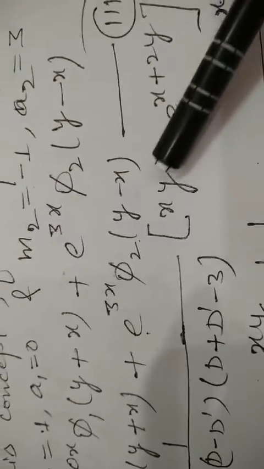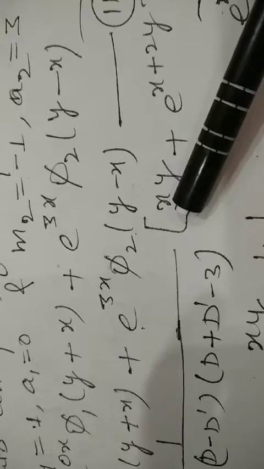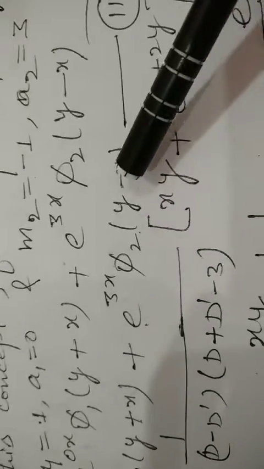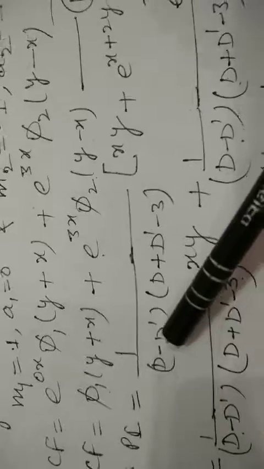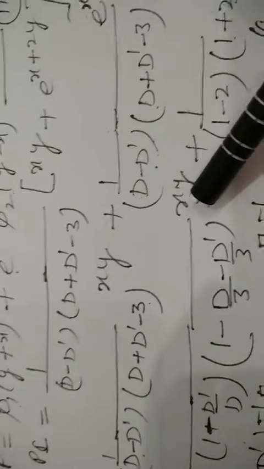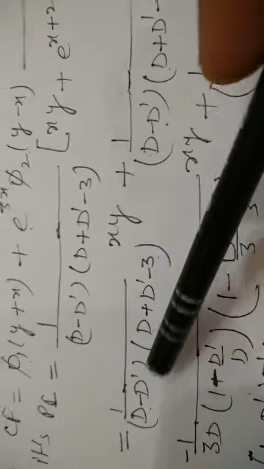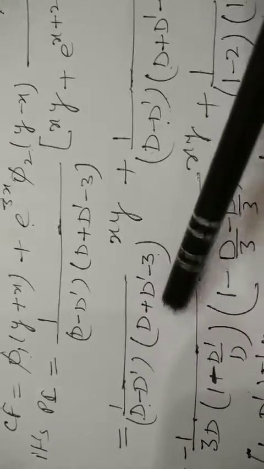In both cases you have learned this is the case first to find the particular integral, and this is the case fourth in which you have seen how to find the particular integral whenever the right hand side is of x to the power m, y to the power n form. So now this D minus D dash, so xy, there is no problem here because the powers of x and y both are equal, so it doesn't matter, the denominator is expressible either in D dash by D or D by D dash. It doesn't matter.